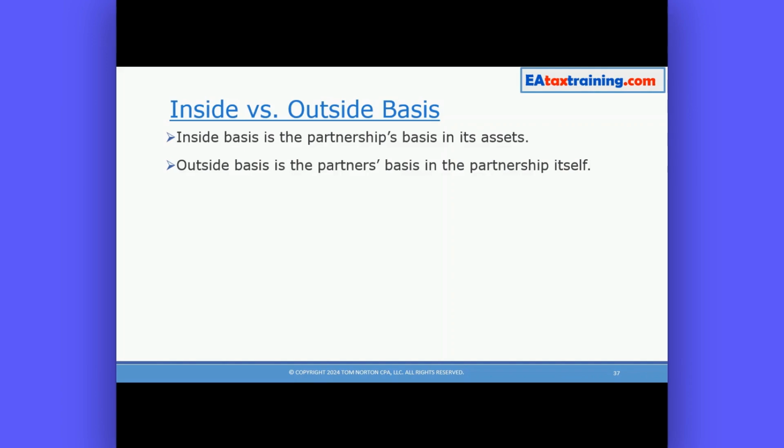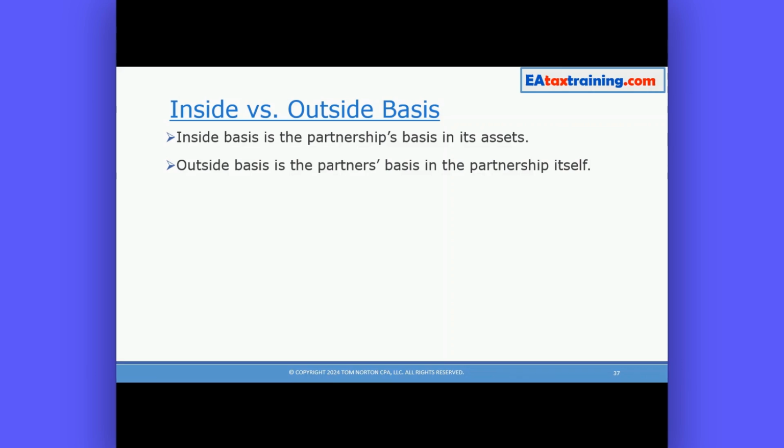The partnership has a building, maybe, different machinery and equipment. It's got various assets, just like any other business would have, and of course it has a basis in those assets. That's inside basis.